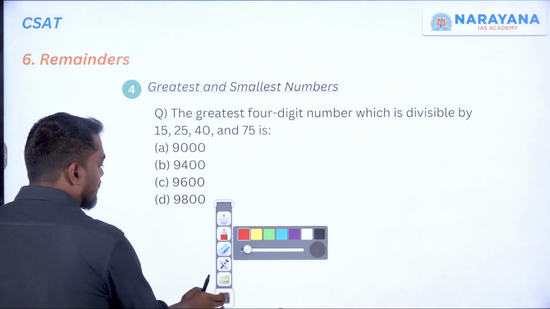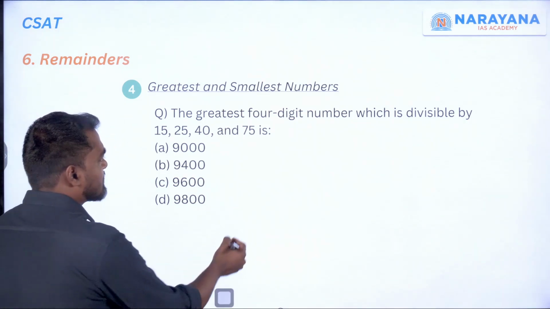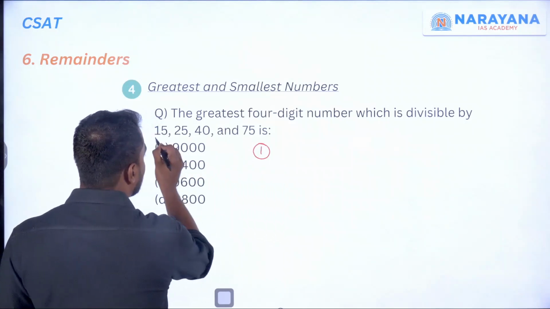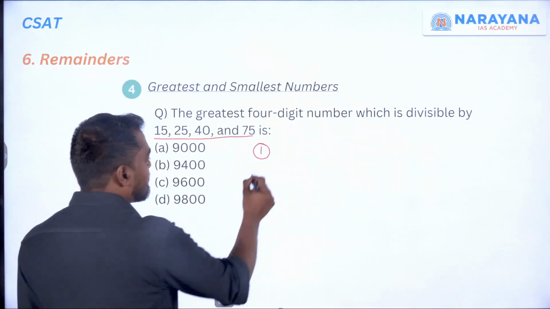Okay, let's solve this one. What is the first step you have to do? Take the LCM of all the divisors.